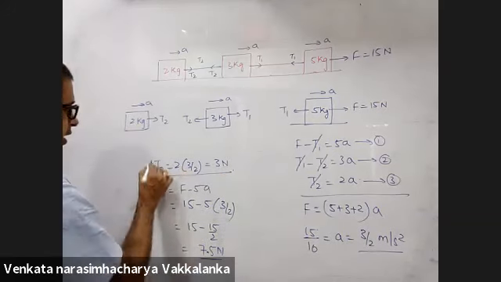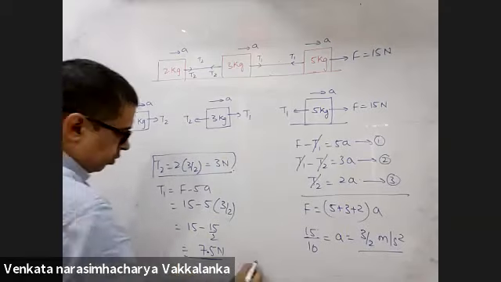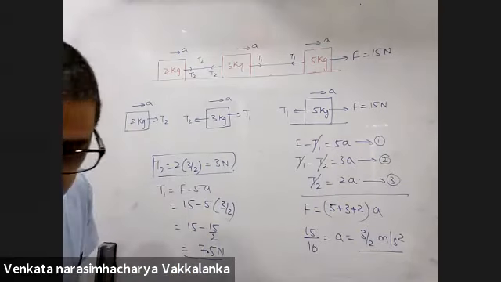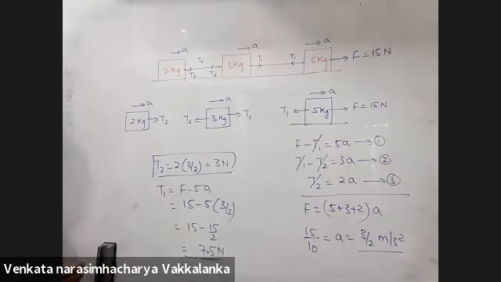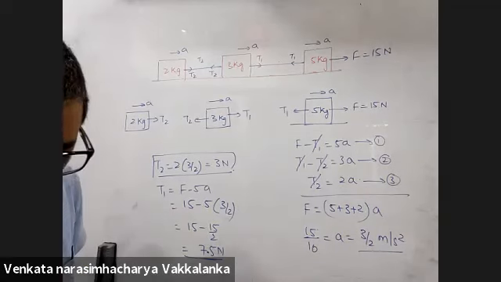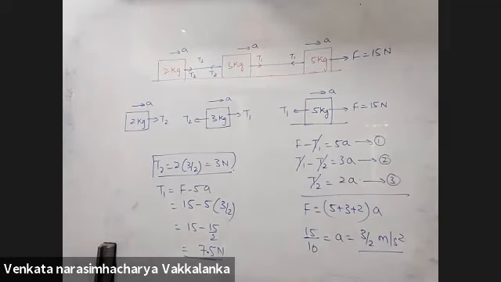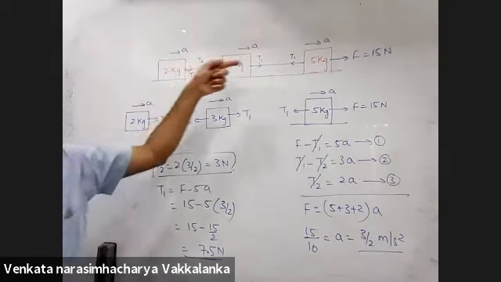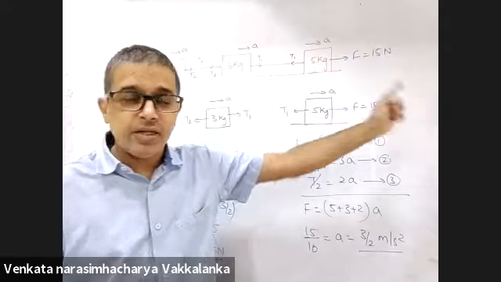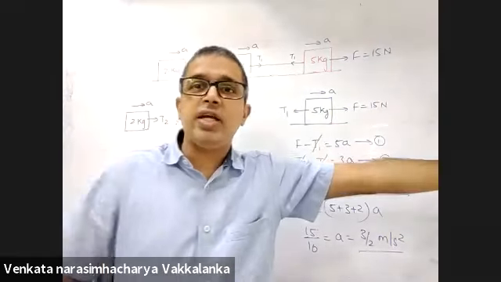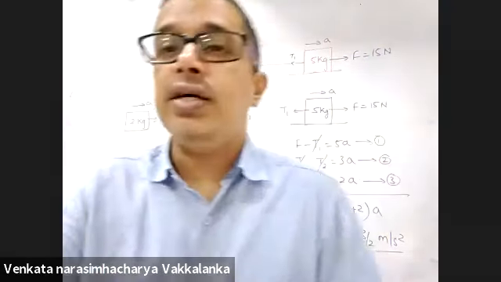T2 I already calculated. T2 is 3 Newton. T1 is 7.5 Newton. System is accelerating towards the right. So forces in that direction minus forces in the other direction.